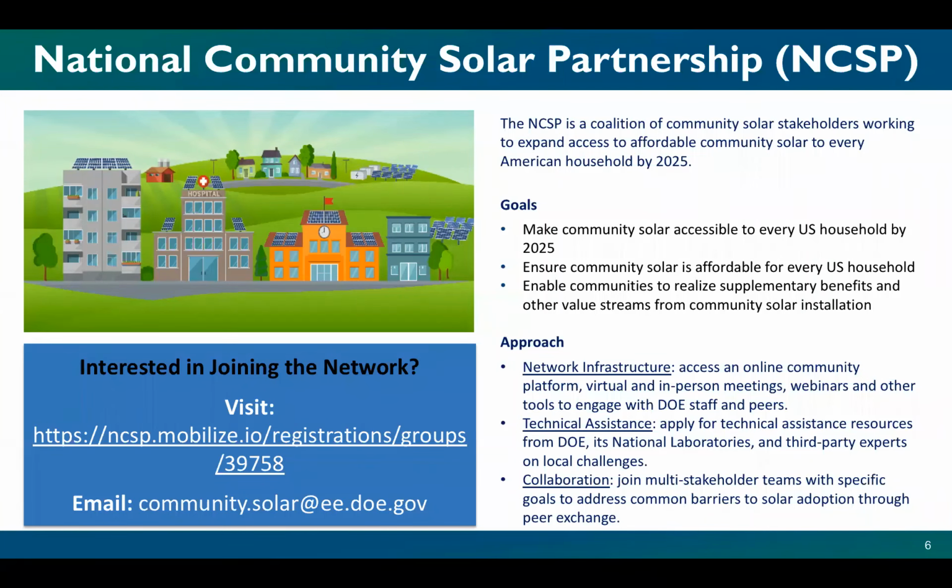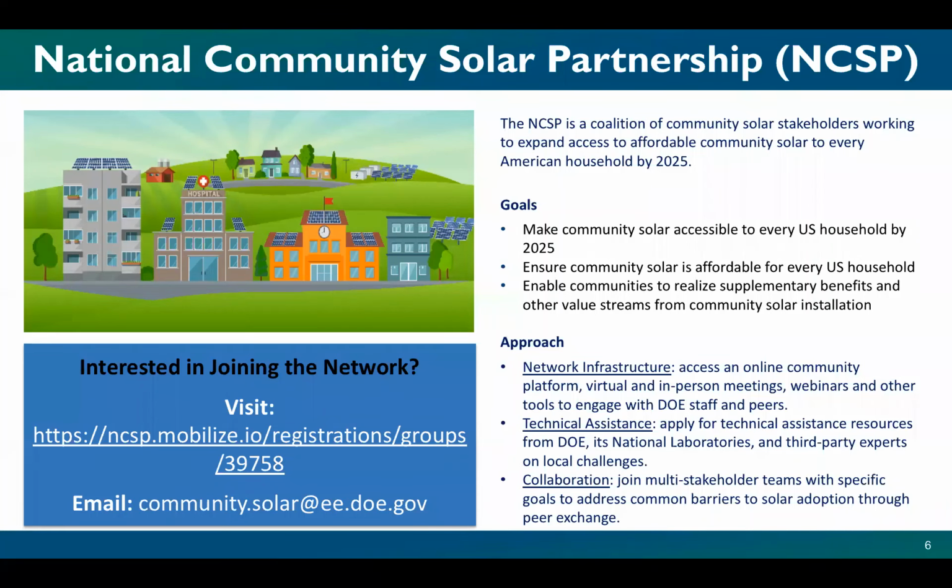The way we're going about that is there are three approaches. First is a network infrastructure, which includes the online community platform that I mentioned before. It will also include virtual and in-person meetings. There will be webinars and other tools to engage with DOE staff and with peers. The next is technical assistance. That's what we're discussing today.